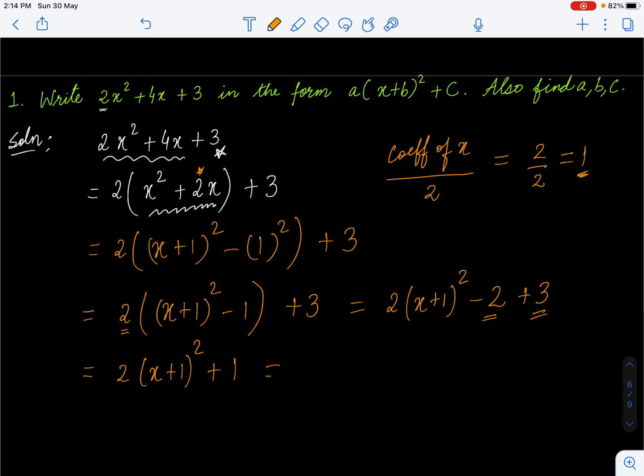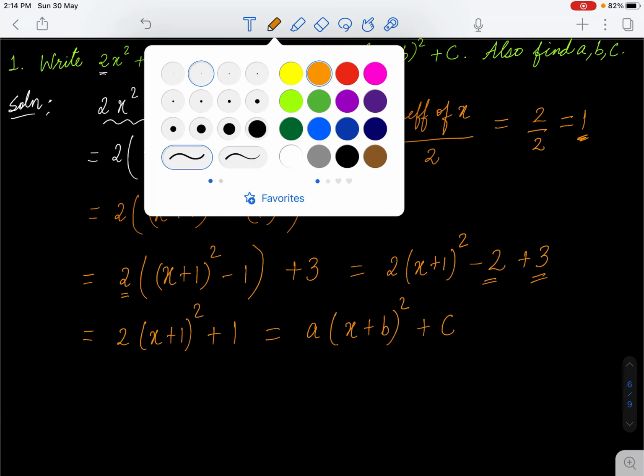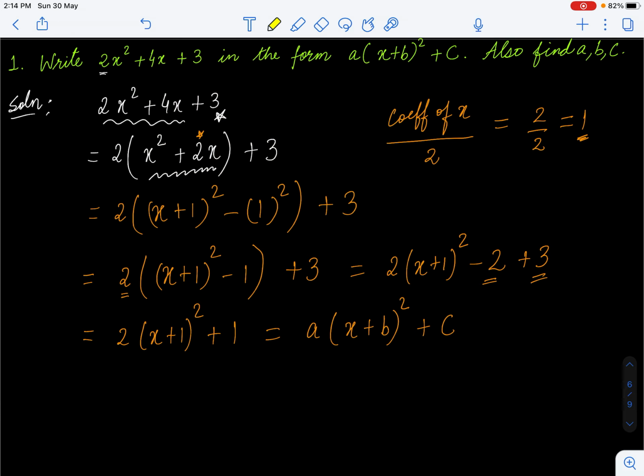Now all I have to do is compare this with a times x plus b whole square plus c to get my values of a, b and c. So from this I can say my a is 2, b is 1 and my c is also 1.